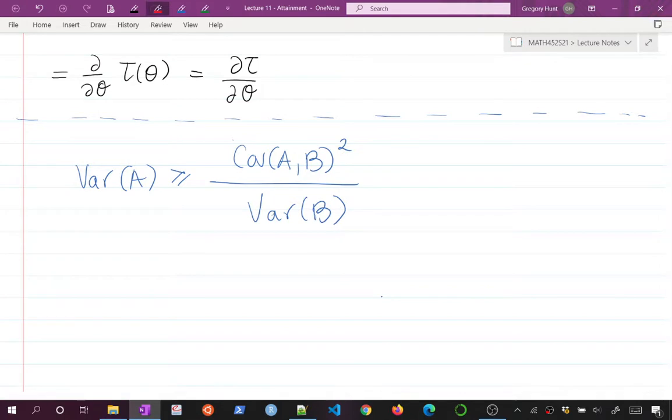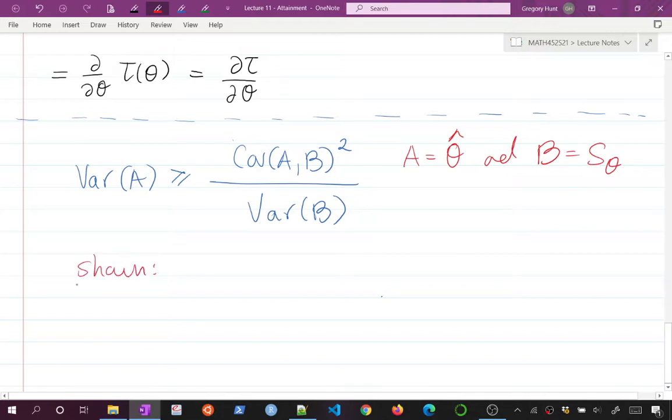With careful choices, if we let a be our estimator, theta hat, and we let b be our score, then we know that the covariance between theta hat and the score is d tau d theta.